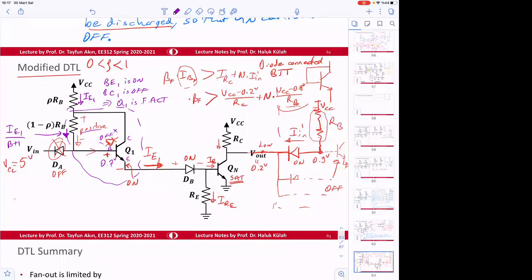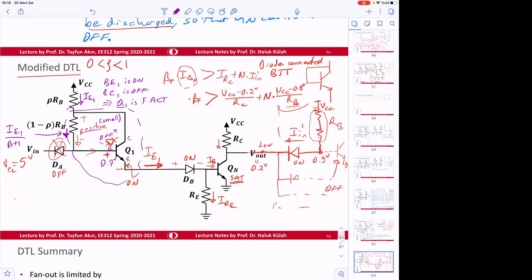That's a very small current, basically. Therefore that voltage can be neglected, or you can include it in the value. So this positive voltage is small.